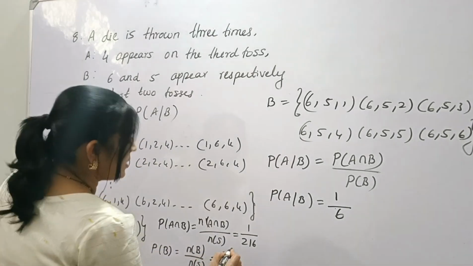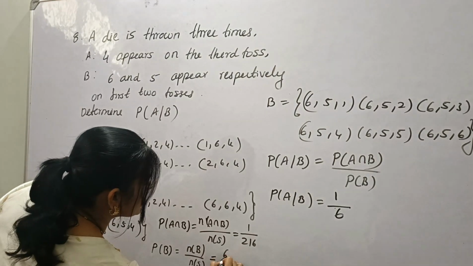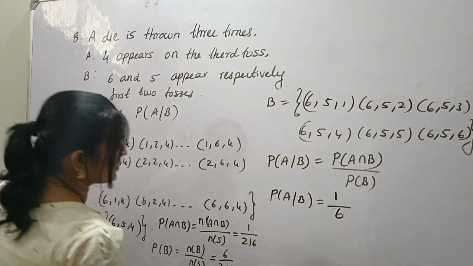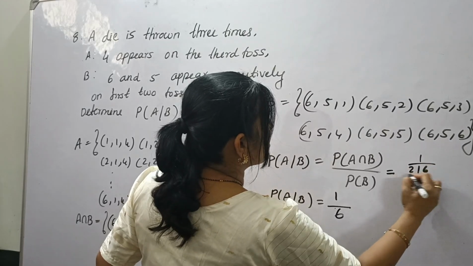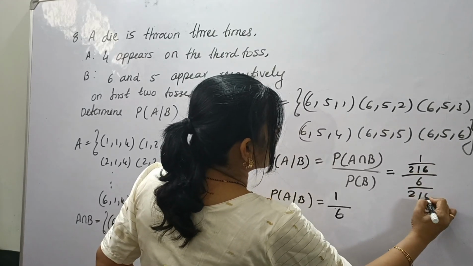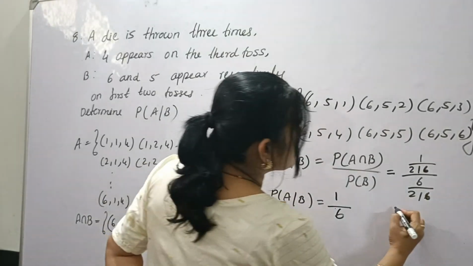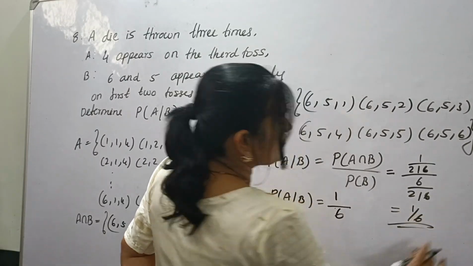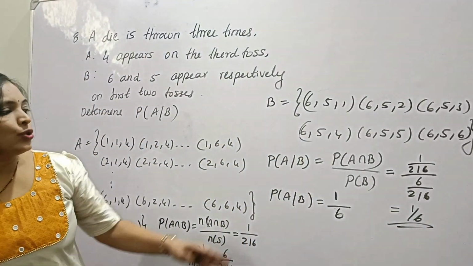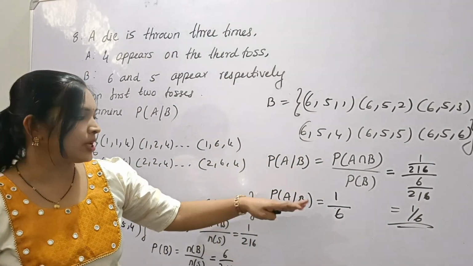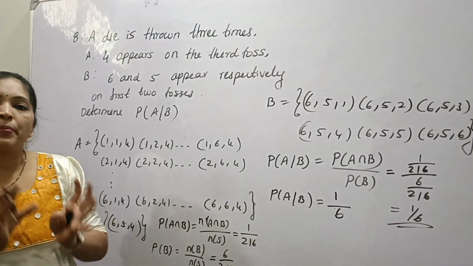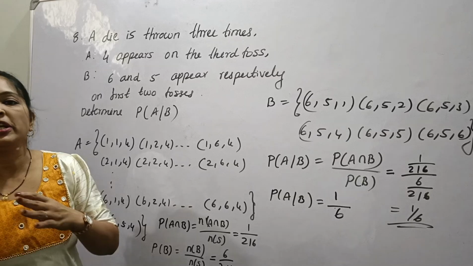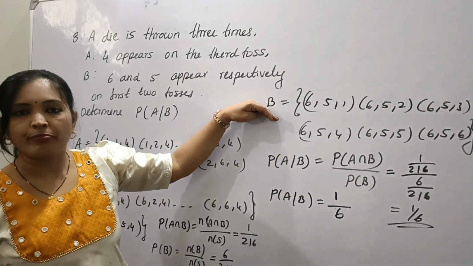That is 6 divided by 216. So here it is equal to 1 by 216 divided by 6 by 216. 216 cancelled. So answer is 1 by 6. Right? So here you can write the answer directly also, because we know that probability of A given B is nothing but number of A intersection B divided by number of elements of B.